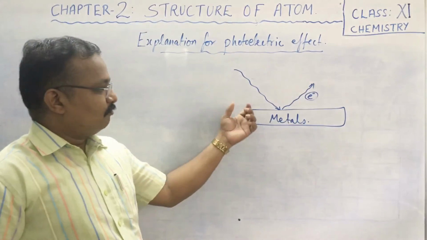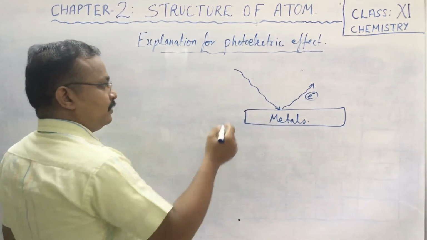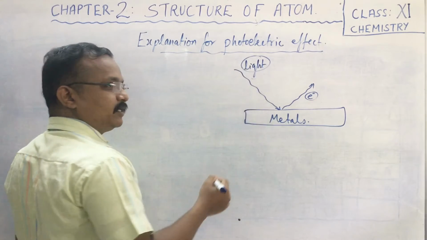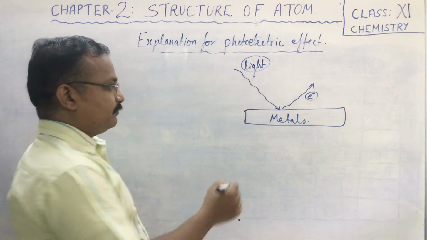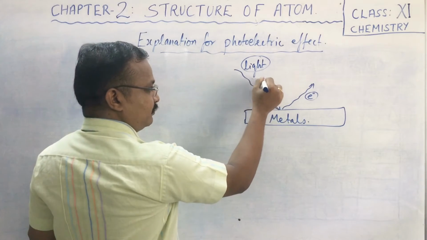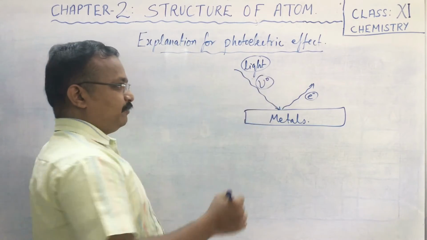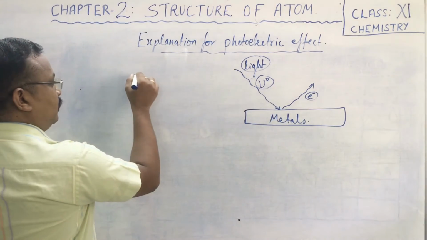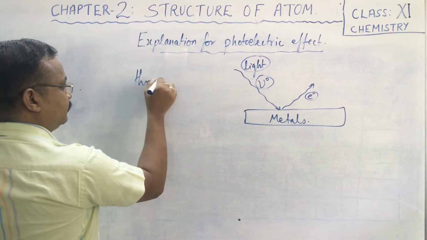What we have to remember is that light of a certain frequency falls, and that particular frequency we have discussed as nu zero. Nu zero is our threshold frequency.